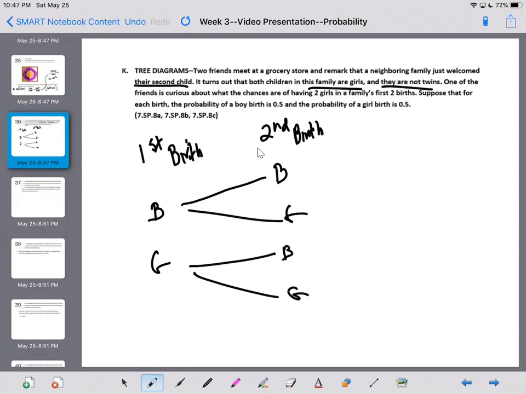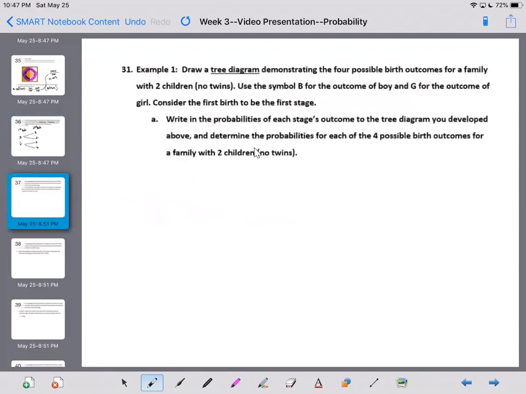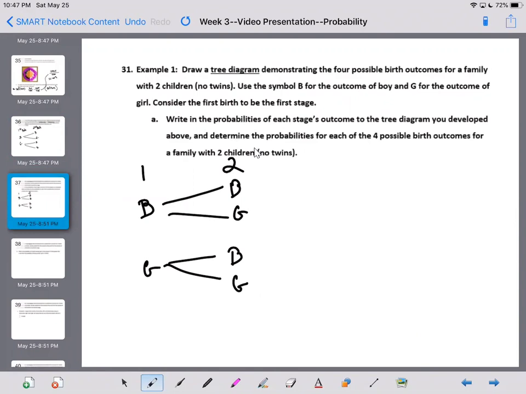And we would notice what are the results. Okay, so if we've got boy, girl, boy, girl, boy, girl, what would first birth, second birth? What we would notice is we've got four outcomes.